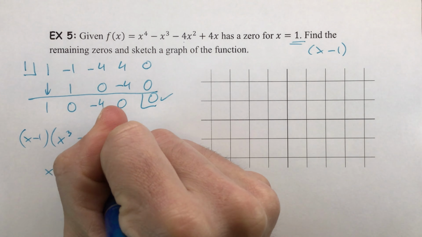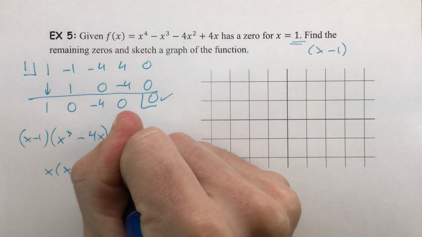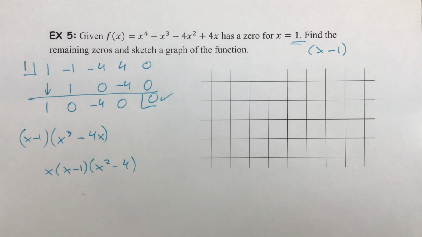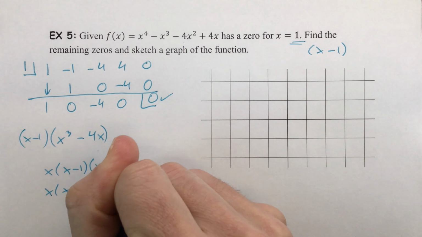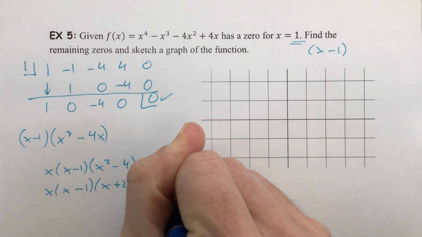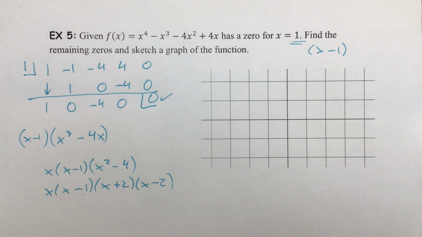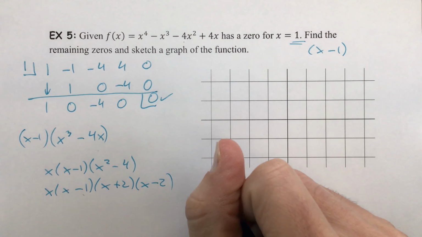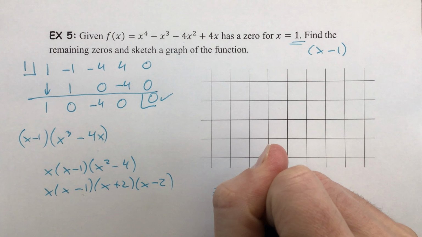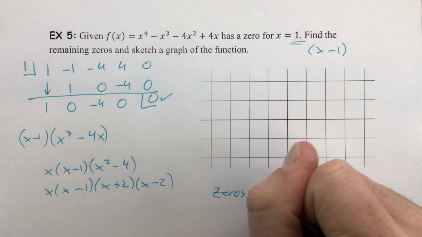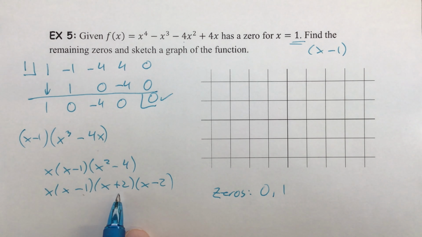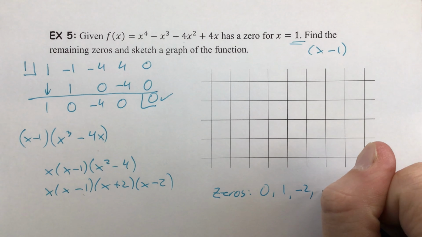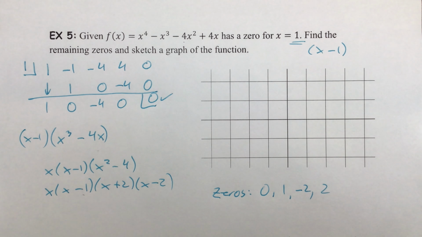That leaves you with x squared minus 4, which happens to be the difference of squares. So from there we learn we've got zeros at 0, at 1, at -2, and +2.